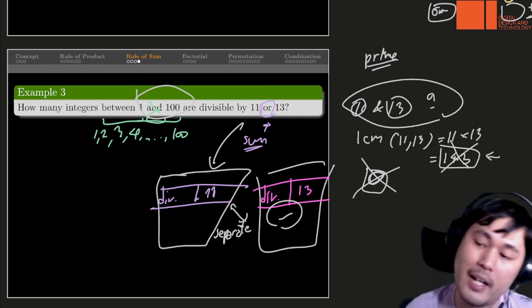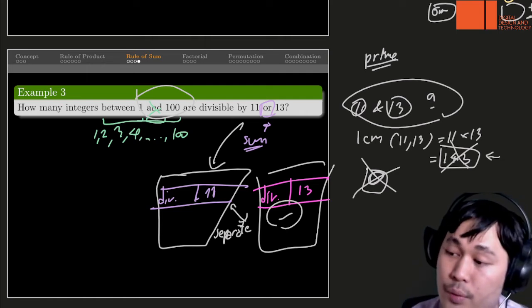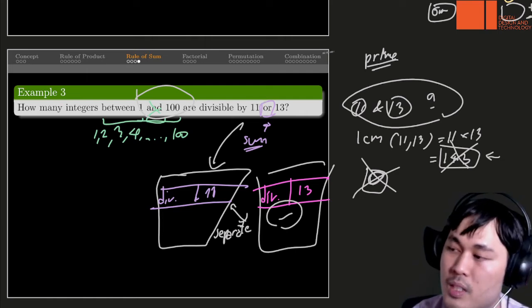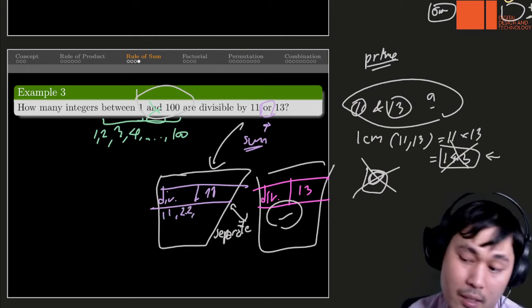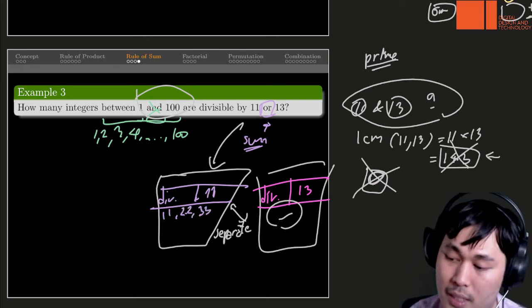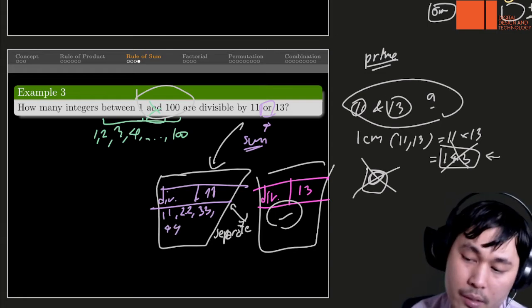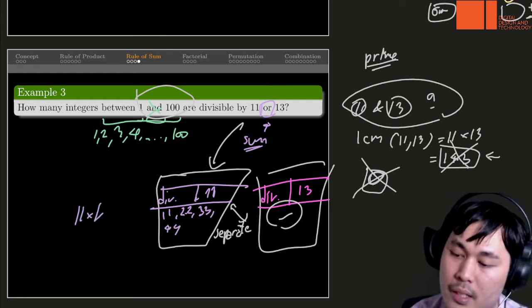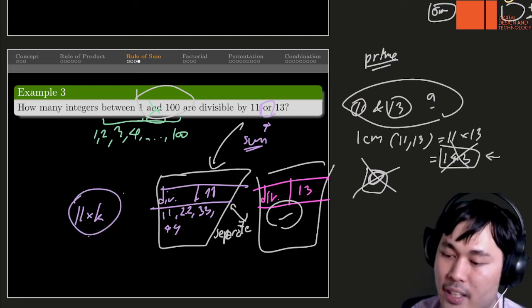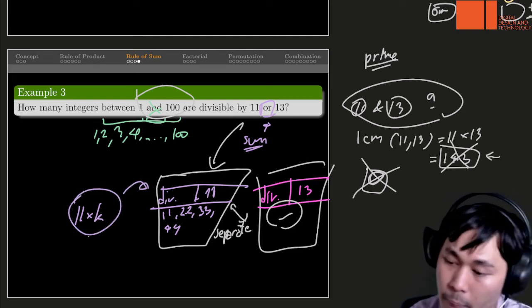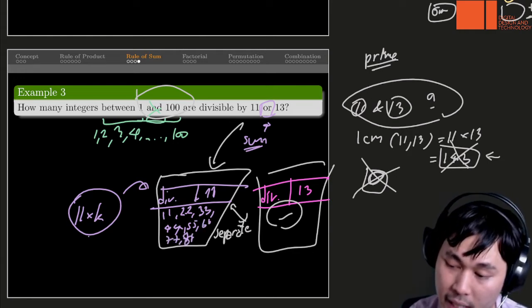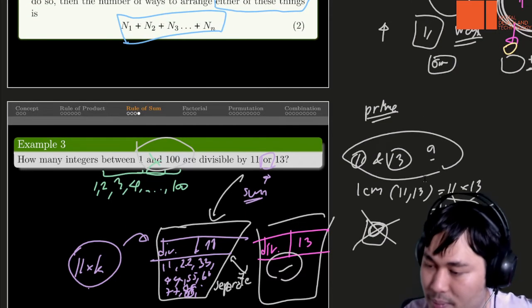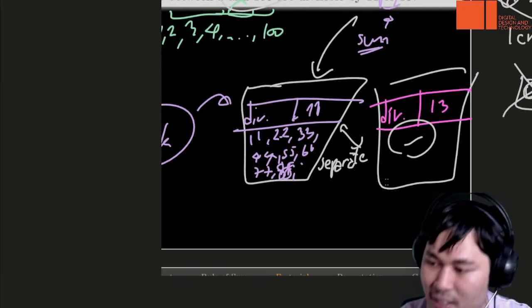If you want to find how many numbers are divisible by 11, you would simply list 11, 22, 33, 44, 55, 66, 77, 88, and 99. It's always in the form of 11 times something; this basket has this form.